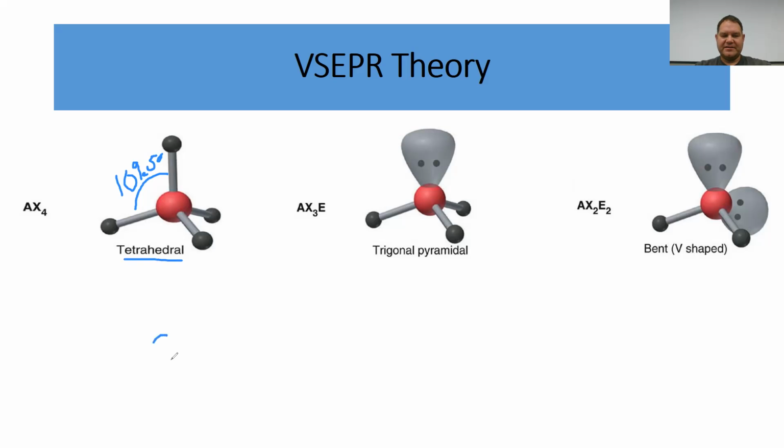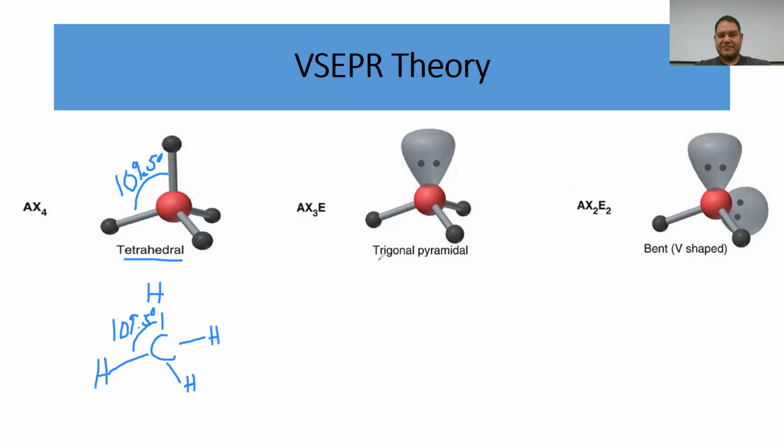Something that would be a tetrahedral shape would be methane gas, which looks sort of like this. If I had to draw the structure of it, as best I can. So the angle here is 109.5 degrees, okay? Tetrahedral.